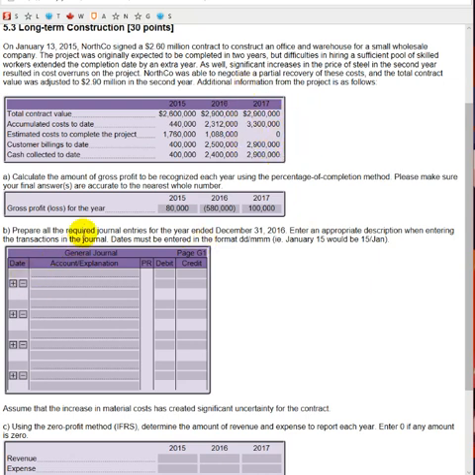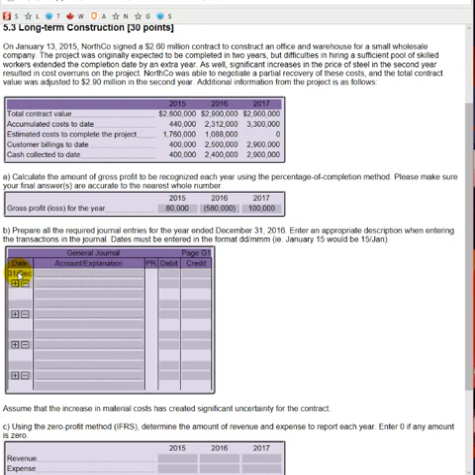Now it says to prepare all the required journal entries for the year ended December 31st, 2016, and that means that we need to record the revenue entry, the billing entry, the cash collection entry, and the entry to recognize the construction costs. So all of those have the December 31st date, so you can do 31/12, and then you can just carry that all the way down.